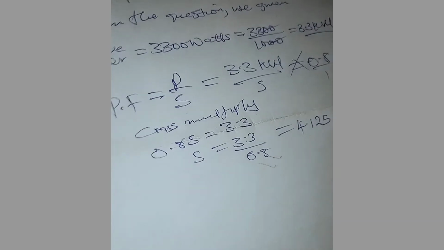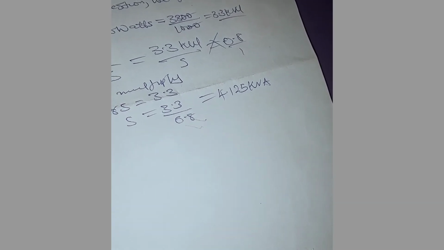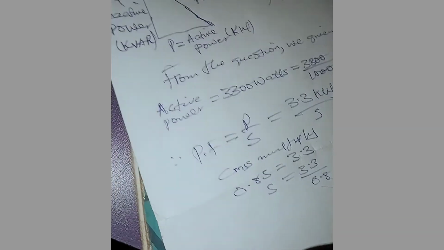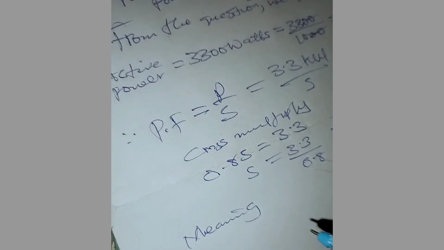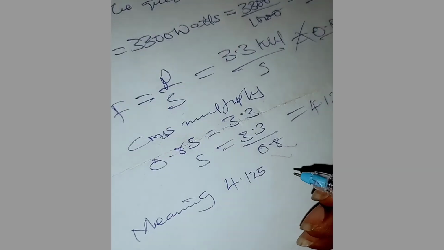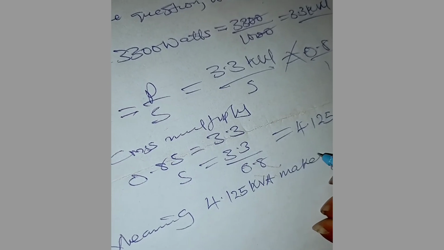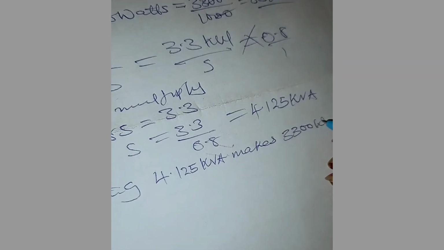So this is going to give us 4.125 in KVA. Meaning 4.125 KVA makes 3300 watts.